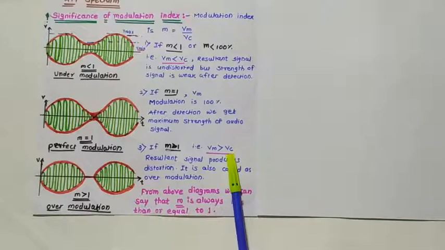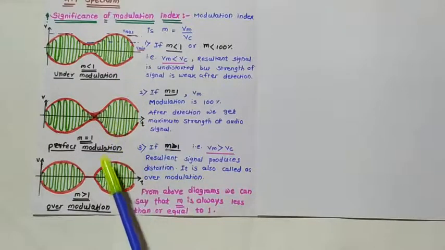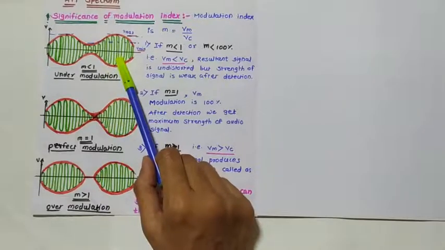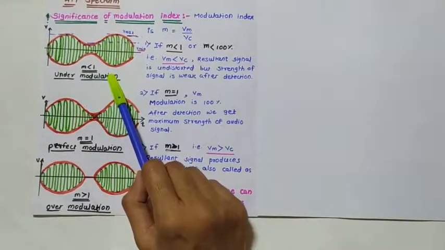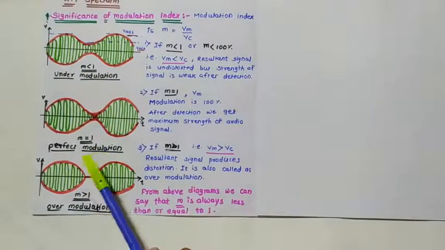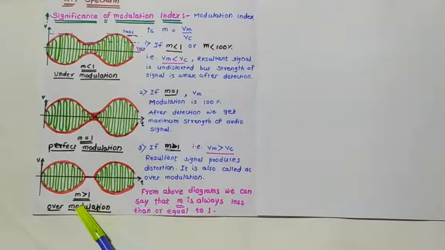Students, if you compare these three waveforms carefully, when m is less than 1, this is undermodulation. If m is equal to 1, this is perfect modulation, and if m is greater than 1, this is the type of overmodulation. Here distortion occurs and negative peaks are clipped off.